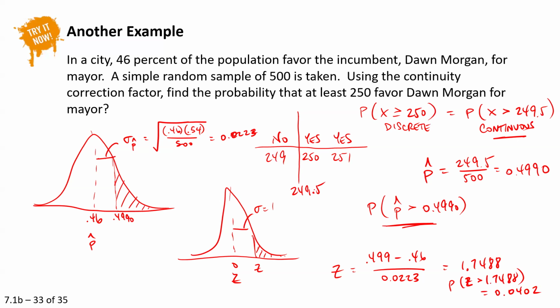And yet there's a possibility that when you sample 500 people, you'll get at least 250 or more of them saying, yes, I want to vote for her. In which case the sample would suggest that Don Morgan will win. If she gets more than 250, the sample says she should win.